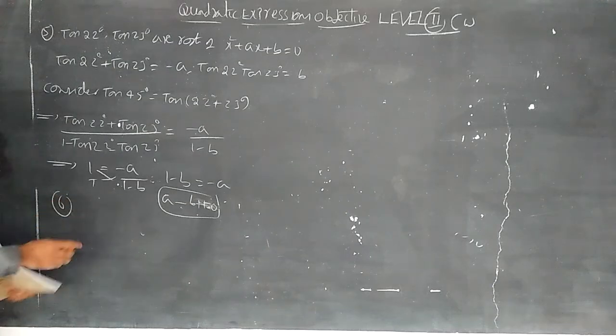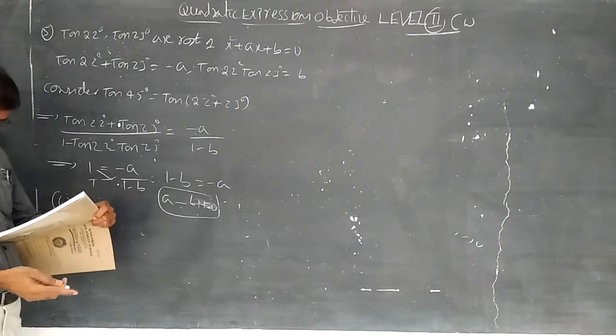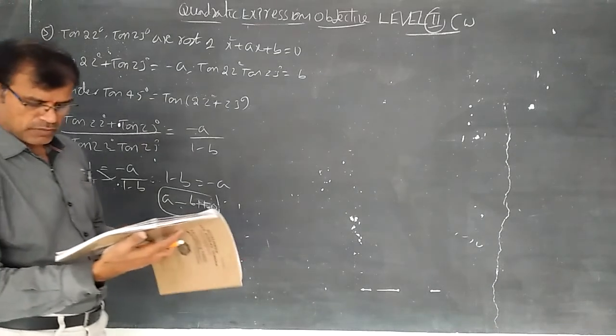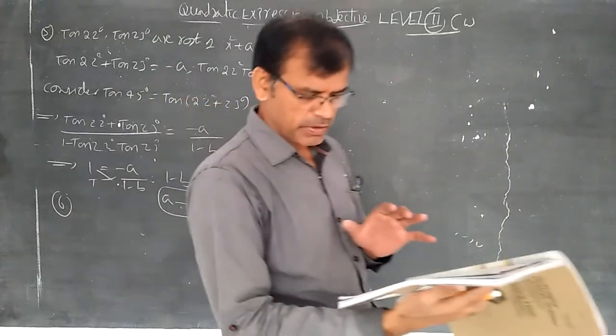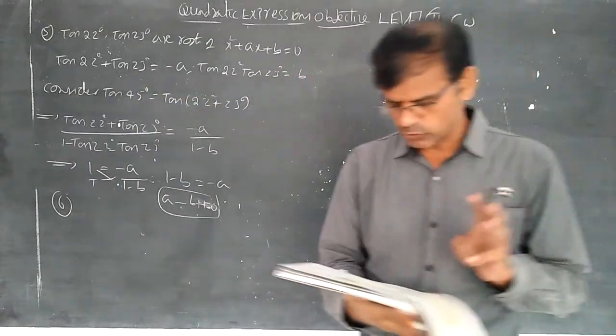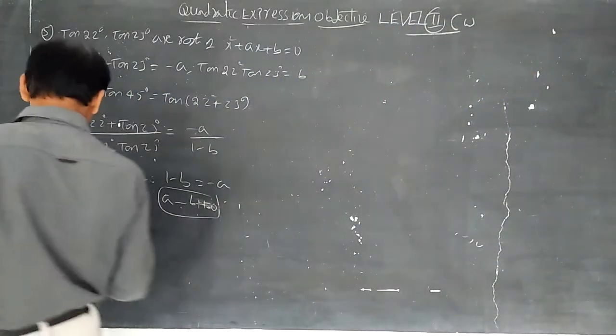6th question. The difference of the squares of the roots of the equation x square minus 6x plus q equal to 0 is 24. Find the value of q.